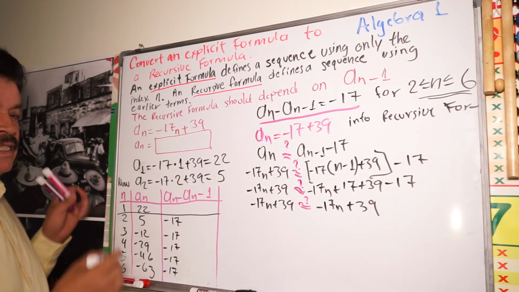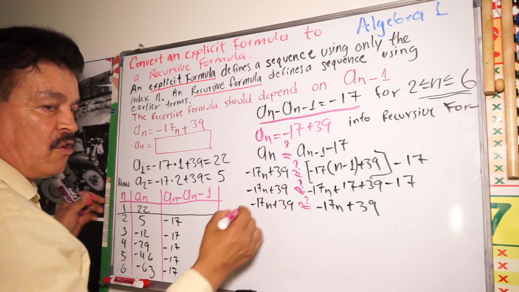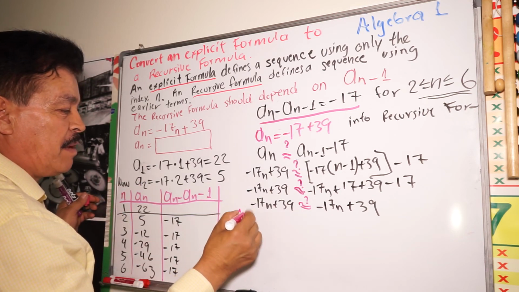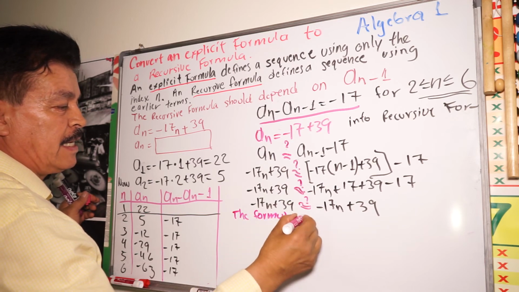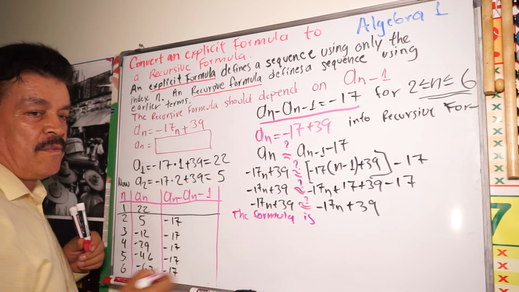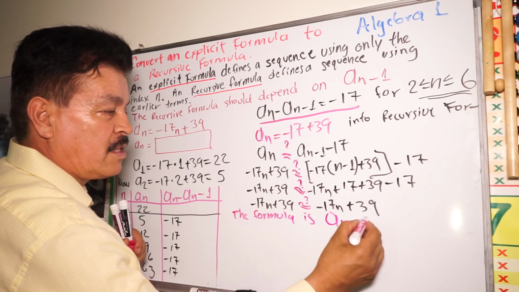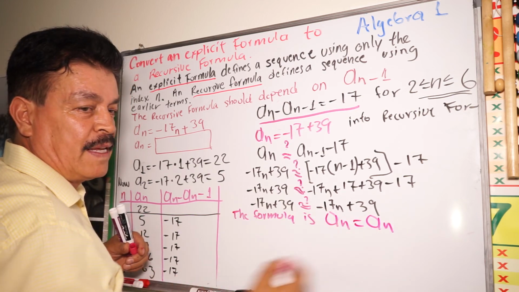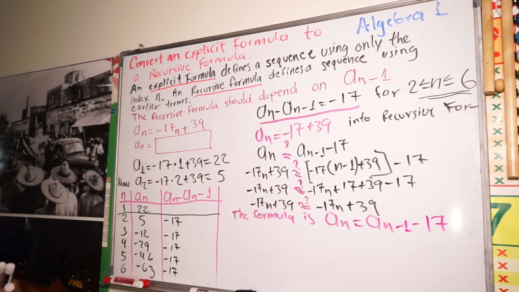Now, next step. What is the formula? The formula is right here. Remember, the formula is a_n equals a_(n-1) minus 17. This is the formula, right?